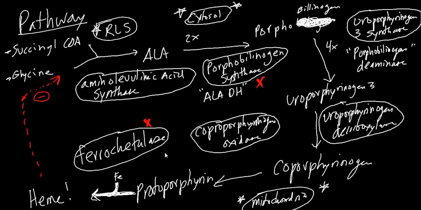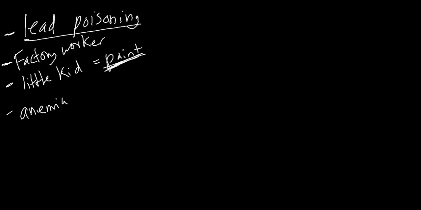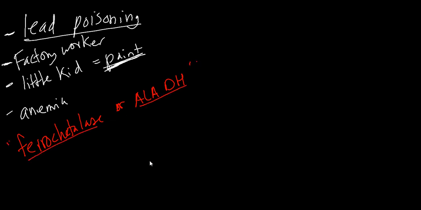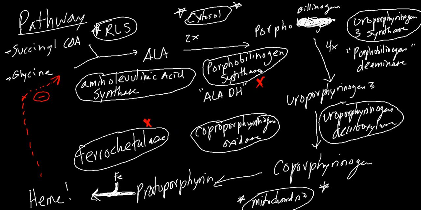So there's 2 different steps, and I'm going to take the shorthand, so it can either be ferrochelatase or ALA dehydratase enzymes. So if we inhibit this, lead is going to inhibit these 2 enzymes. So what will we have if we inhibit these 2 enzymes? We're going to have a buildup of ALA in the system, and we're also going to have a buildup of protoporphyrin in the system, because we can't convert that protoporphyrin into the final step of heme.